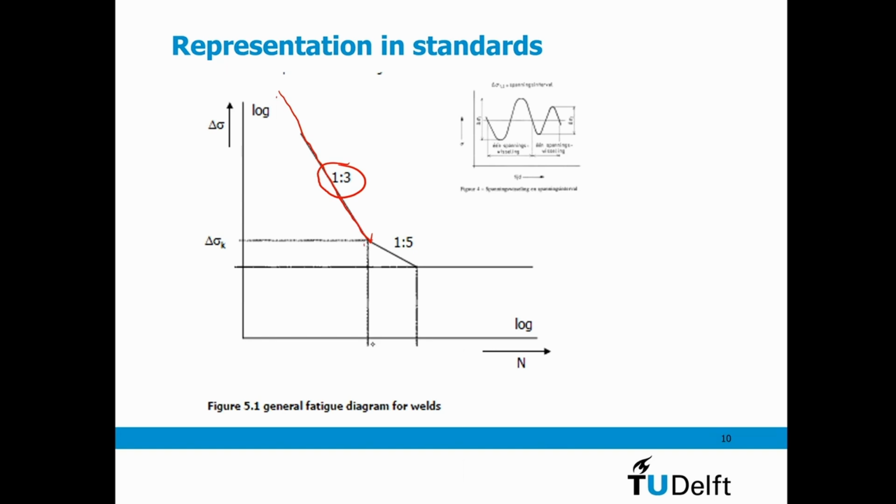Then after 1 million, 2 million, that varies a bit, up to, in general, 100 million, we have a lower angled slope, and then in the end, depending on the material type, we have a limit which we call the endurance limit. And if you have stress variations below that point, it is assumed that fatigue is not occurring.